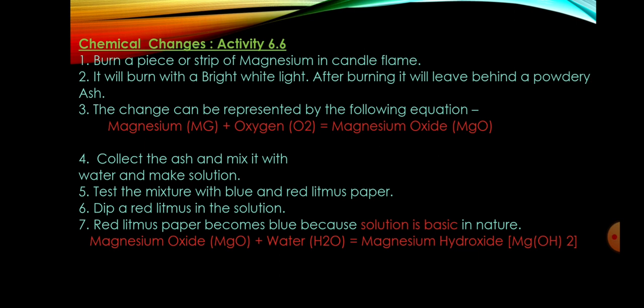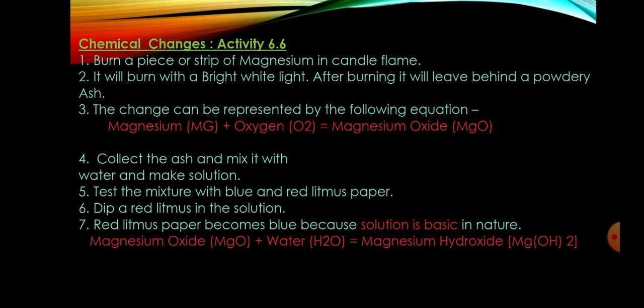So it is as follows. The new substance formed is magnesium oxide MgO plus water H2O equals magnesium hydroxide. This is the new substance, Mg(OH)2.